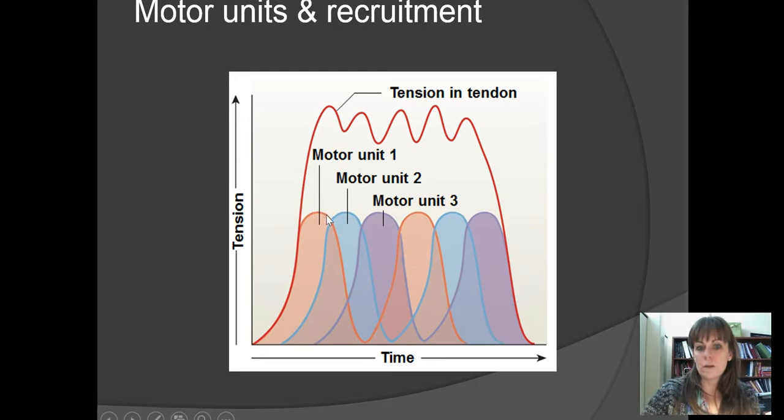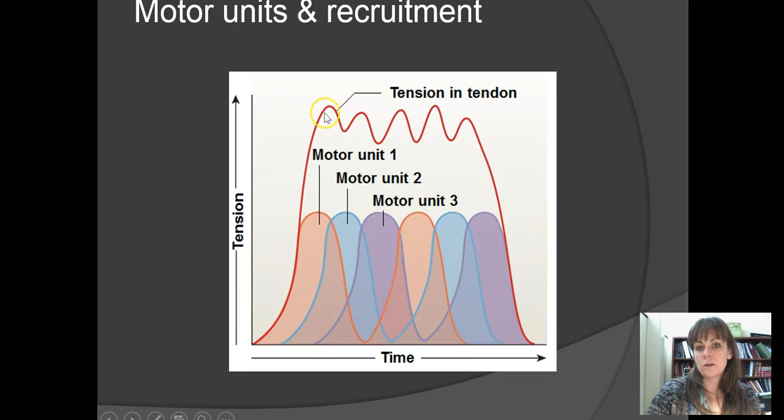And so they start relaxing, but let's say we want to keep that muscle contracted. We want to keep this overall muscle contraction high. Well, we just switch to a different motor unit. And when that one's ready to relax, we now get a third motor unit. And so by alternating stimulation of motor units, we can keep contraction happening in the overall muscle.